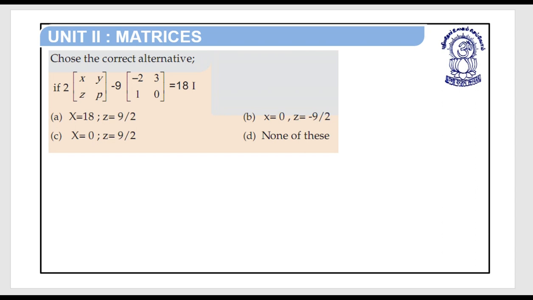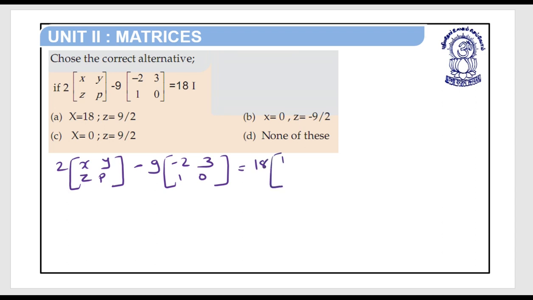Choose the correct alternative. 2 by 2 matrix x y z p times minus 9 minus 2 3 1 0 18 I, that is 1 0 0 1.